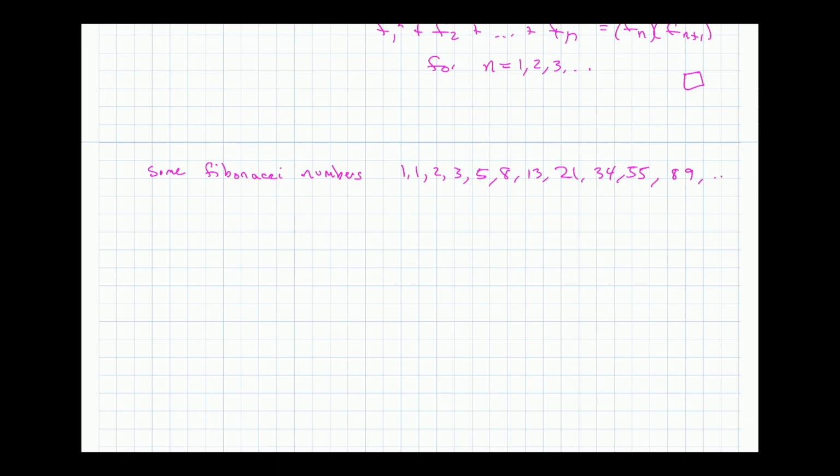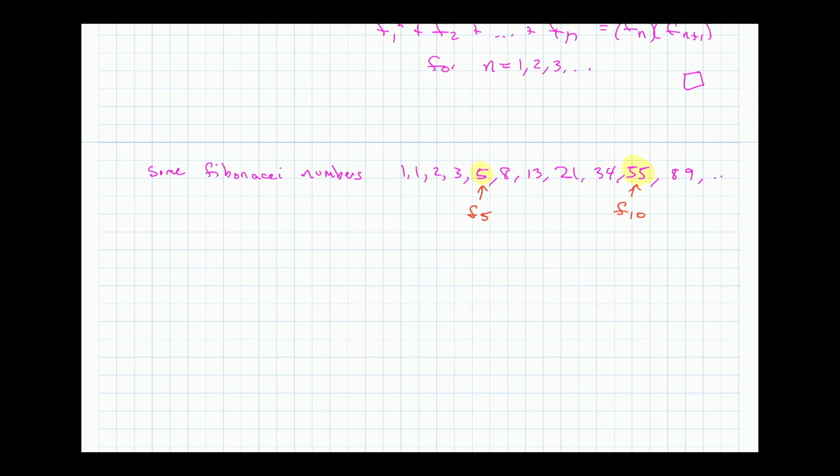What I want to show you is that here's a 5 and here's a 55. And if you look at which Fibonacci numbers those are, this one's F5 and this one's F10, right? And it turns out that every fifth Fibonacci number is divisible by 5.